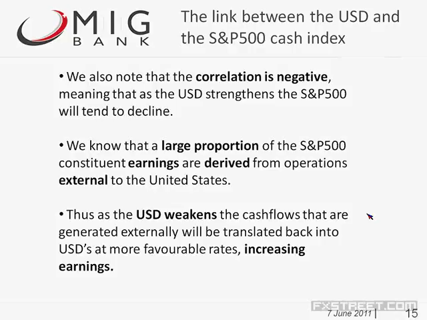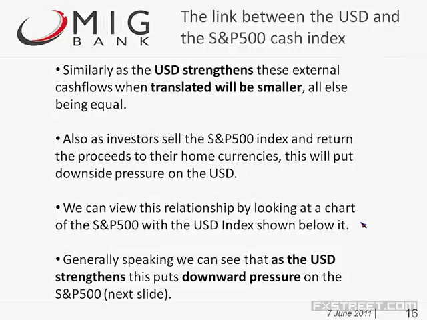So the key here is that as the US dollar weakens, the cash flows that are generated externally will be translated back into US dollars at more and more favorable rates. If the US dollar is depreciating, and you take your British pounds that you've earned and bring them back into the US, your British pounds will obviously buy you more US dollars. So that will increase the earnings.